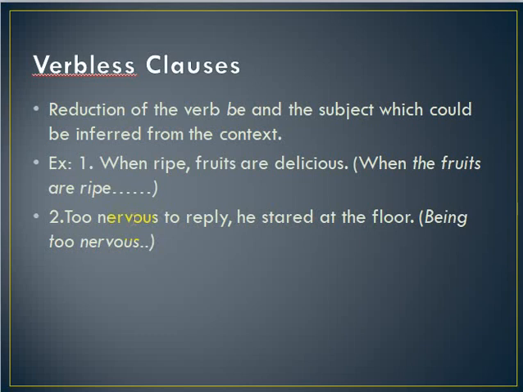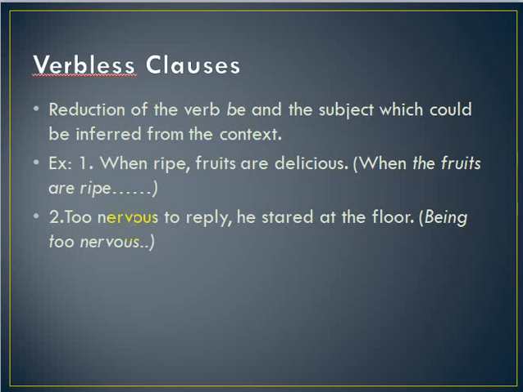So, when we try to reduce a sentence or a clause into a short one, like the verbless clauses or the non-finite clauses, the subject and the verb are deleted, but they can be inferred from the context, whatever context. It could be the linguistic or the situational context.